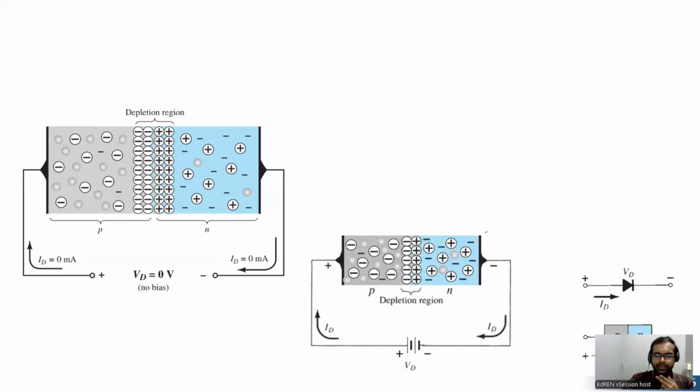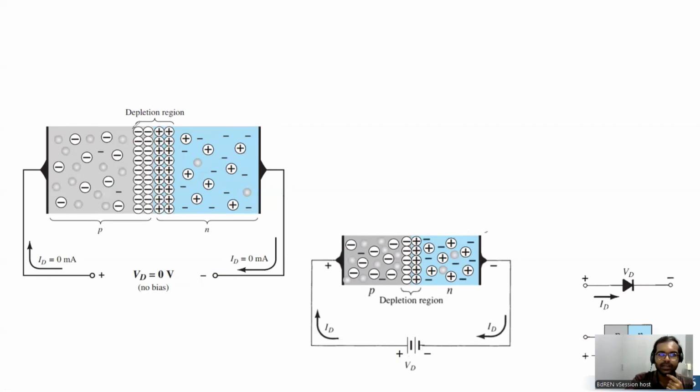Again, in the second case, if we add an external voltage source in such a way that the anode is connected to the positive terminal of the voltage source and the cathode is connected to the negative terminal of the voltage source, the width of the depletion region has clearly reduced.